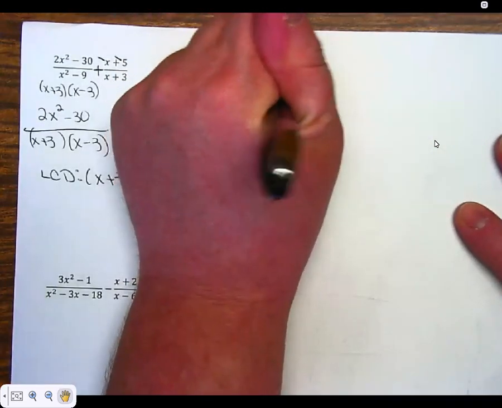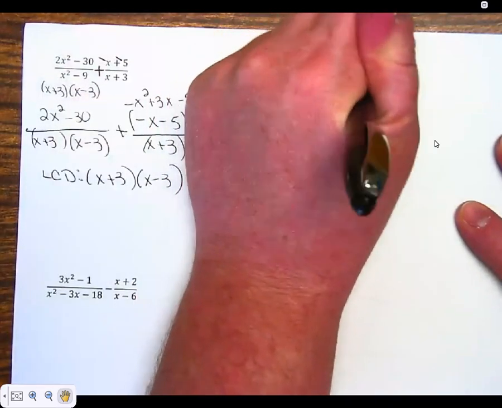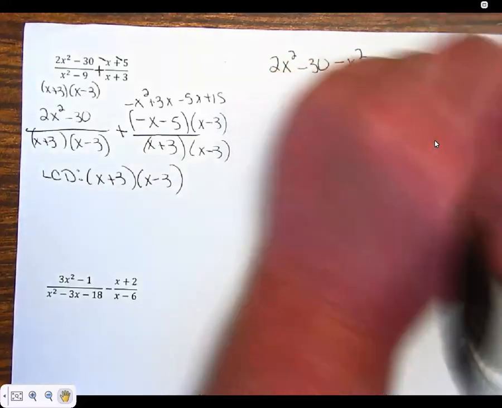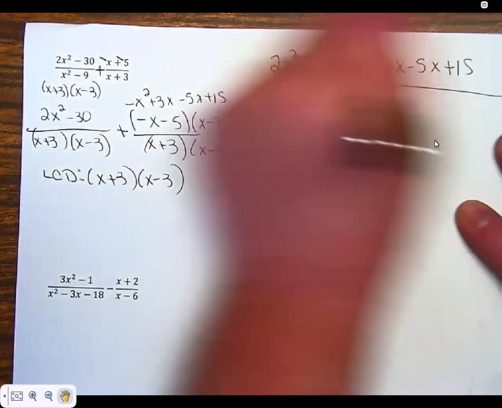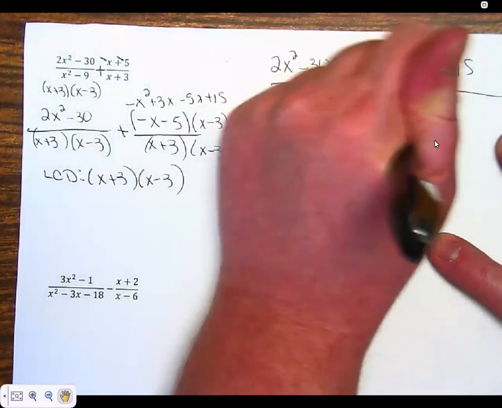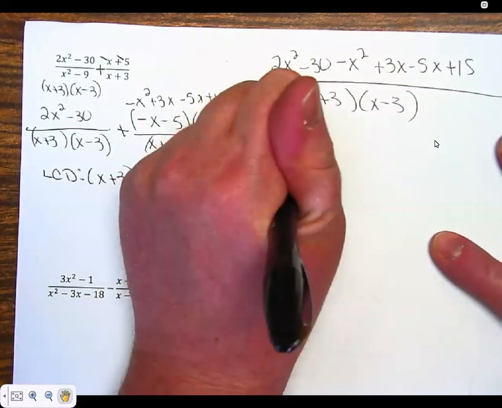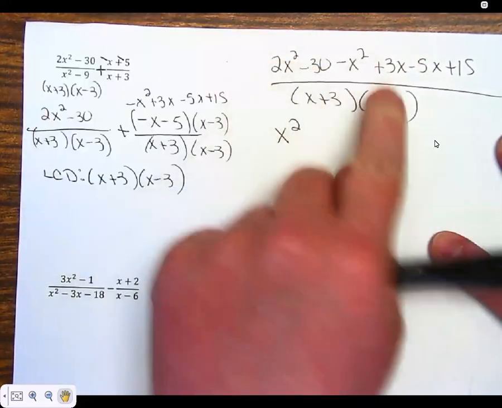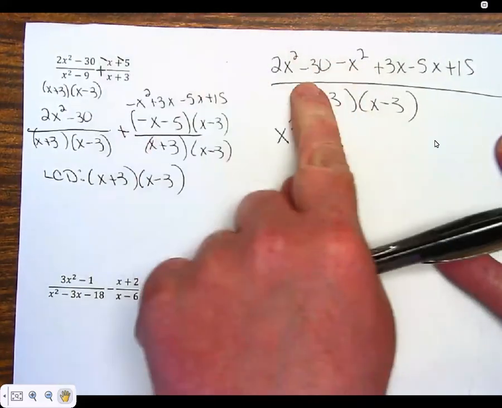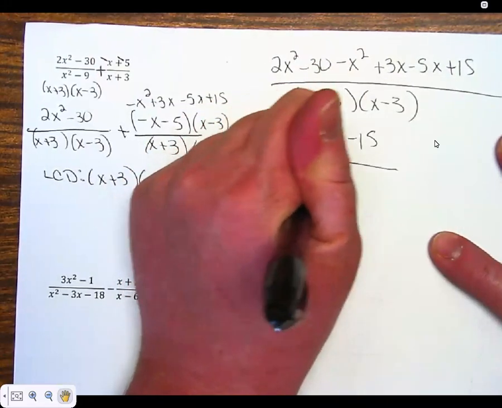So looking at all your tops, you got 2x squared minus 30 minus x squared plus 3x minus 5x plus 15 over x plus 3, x minus 3. Okay, so combining everything, you got 2x squared minus x squared, which is going to be x squared. 3 minus 5 is going to be negative 2x. Negative 30 and 15 is minus 15 over x plus 3, x minus 3.